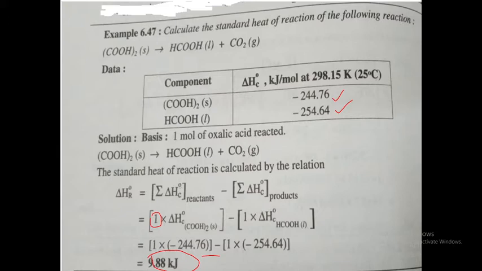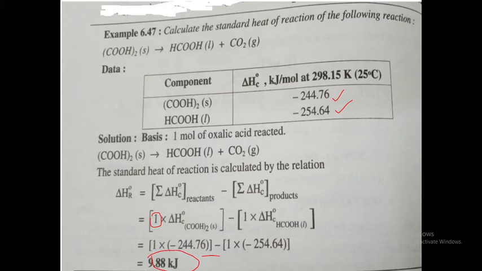Data: for oxalic acid and formic acid, delta HC0, expressed in kilojoule per mole at standard conditions of 25 degrees Celsius and 0.1 megapascal, are minus 247.76 and minus 254.64. Are you clear or not?